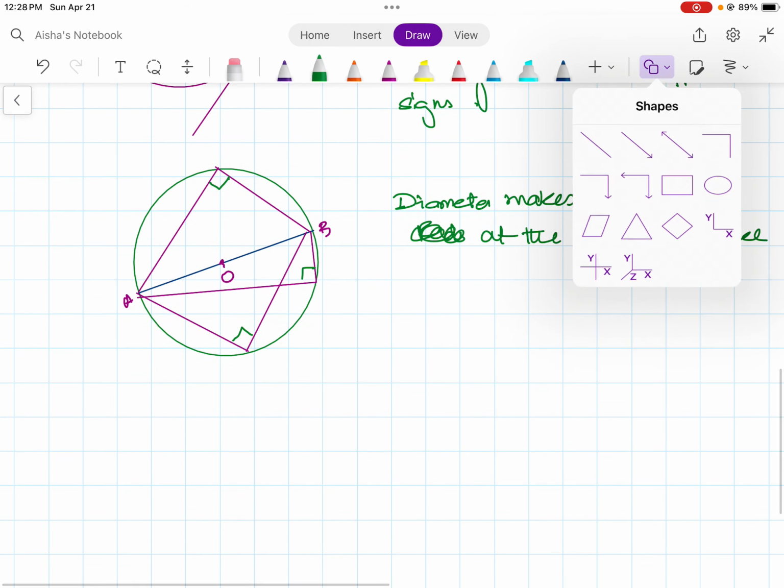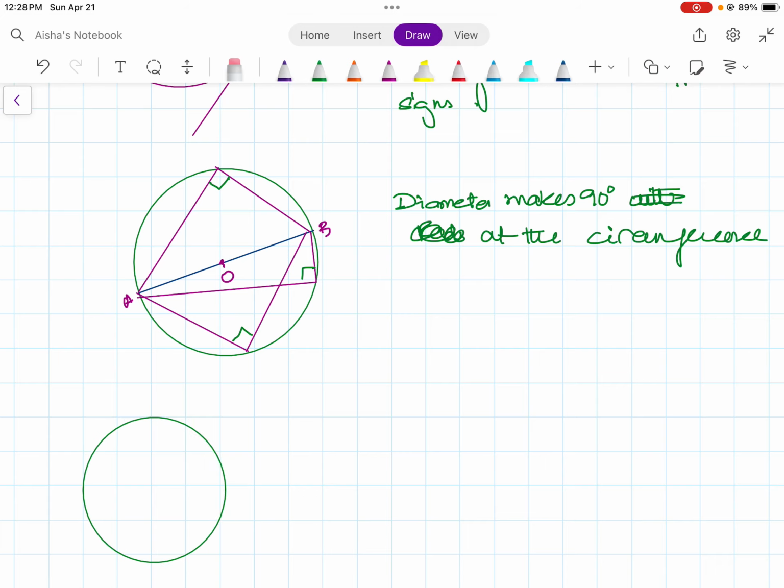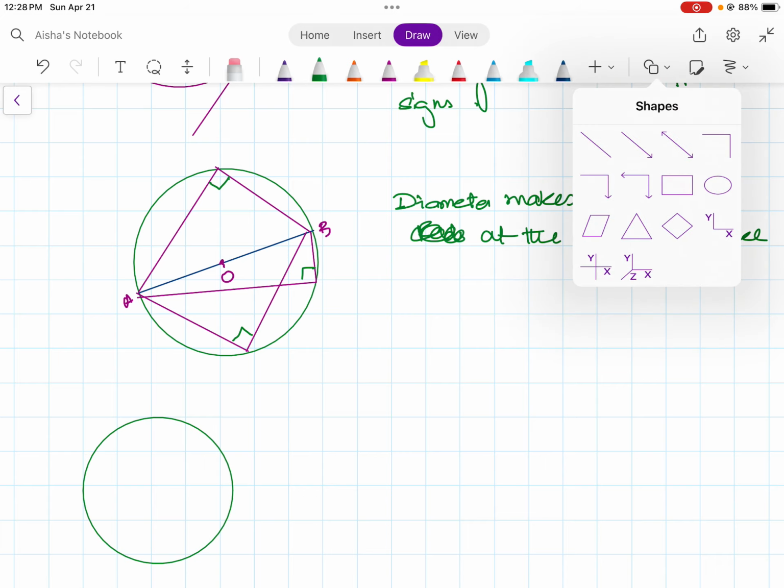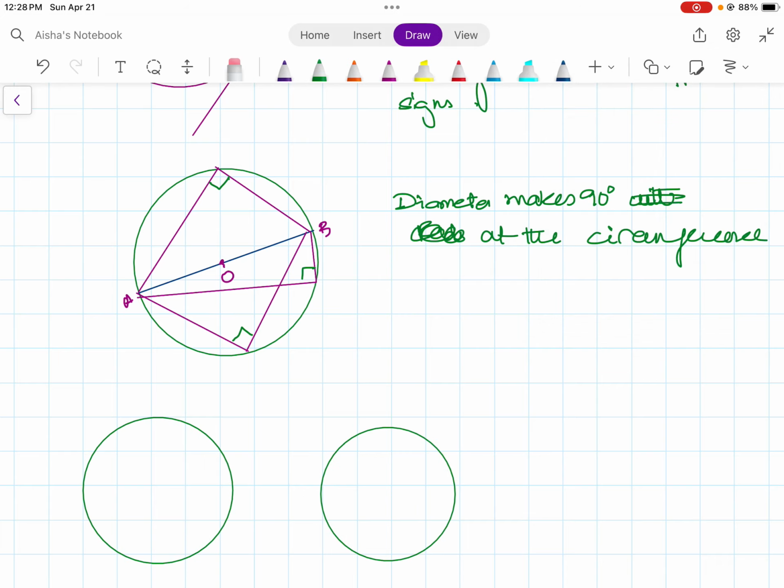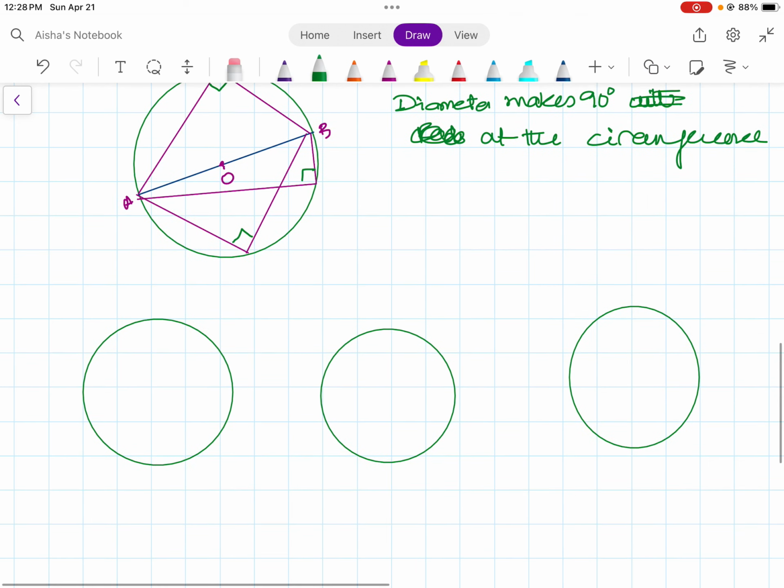Other circle properties include: the angle at the center of the circle. When this goes on the circumference, if this is A, this is 2A.